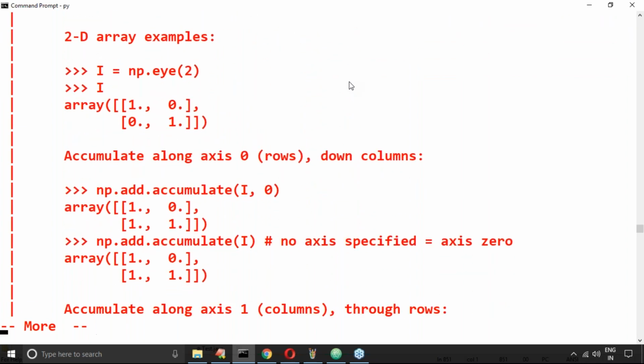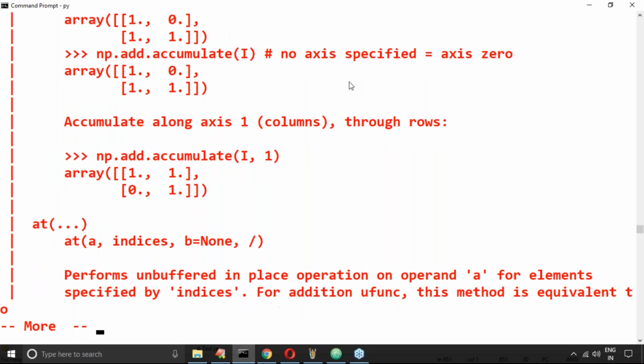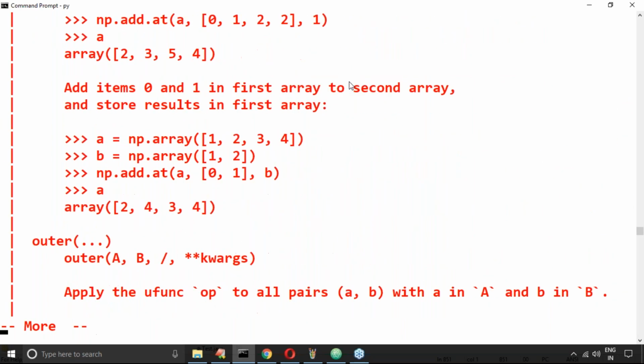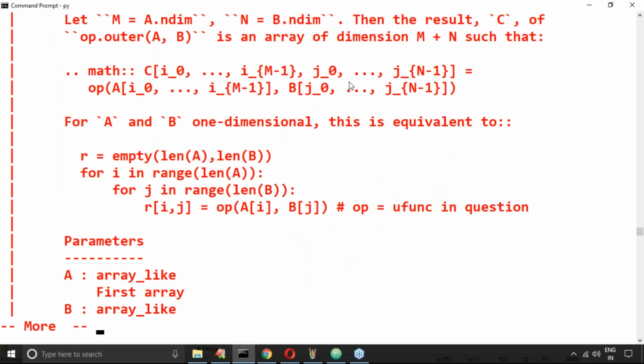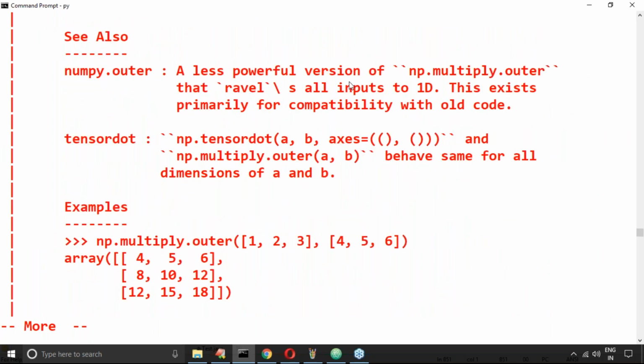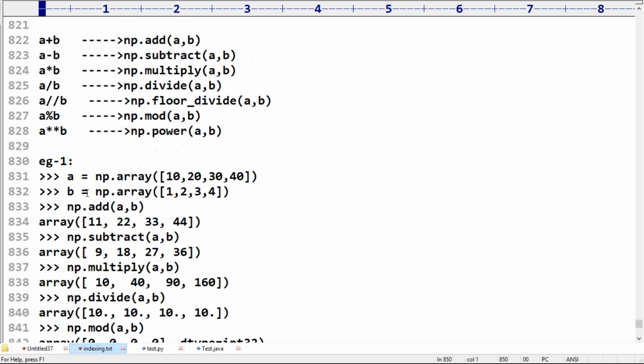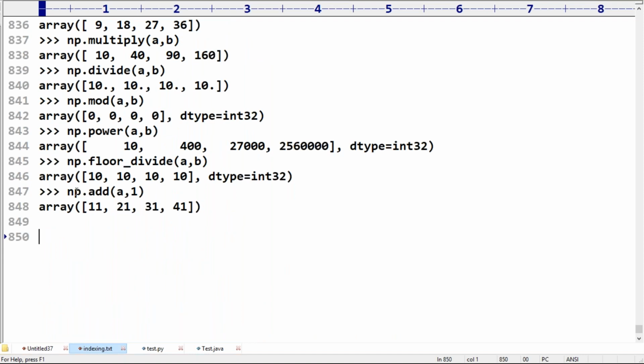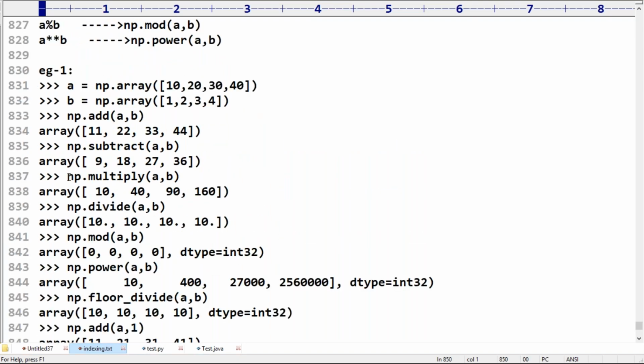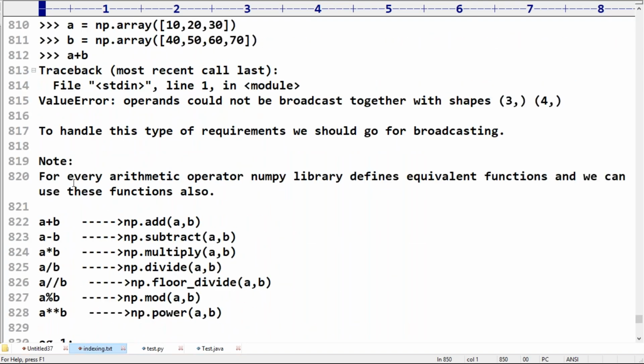Accumulate something is there. Okay, don't worry, in the next level we will talk, but just be aware. More than 2 arguments are allowed, but something is happening. Maybe at the next level, in broadcasting, it is going to be clear.